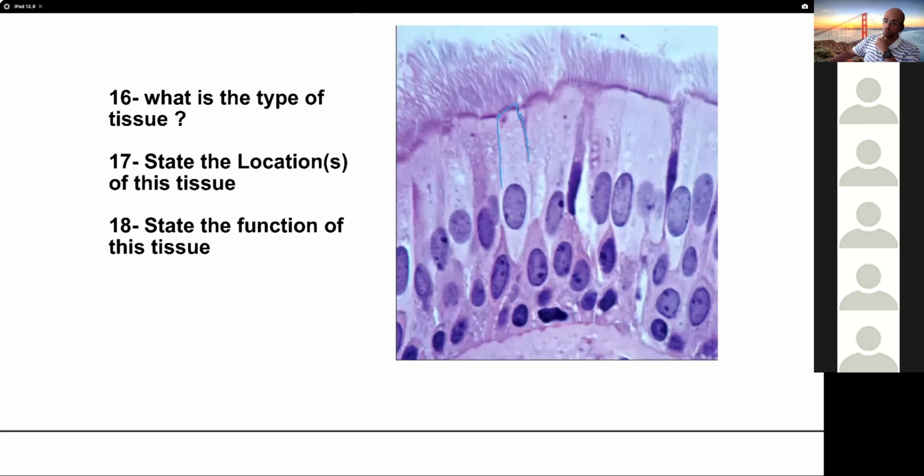No, we don't. So what is it? It's a pseudostratified columnar ciliated epithelium.